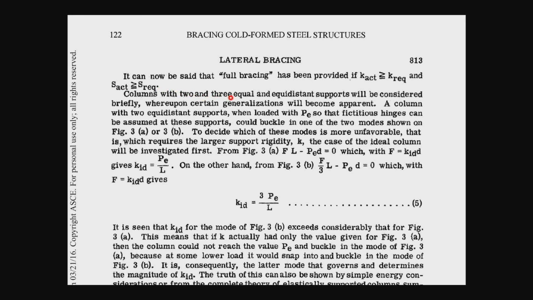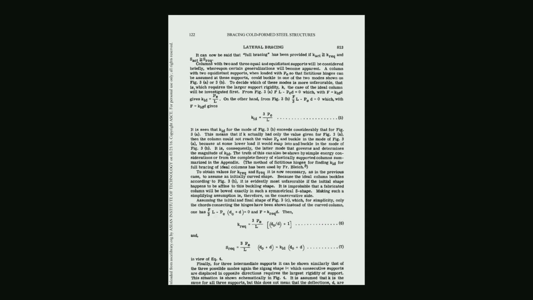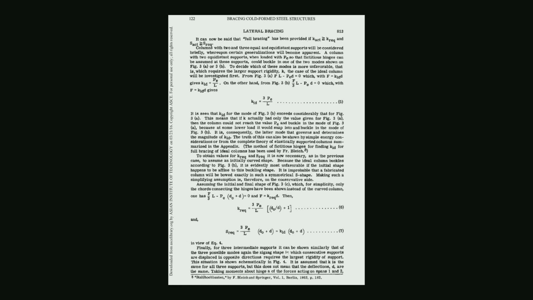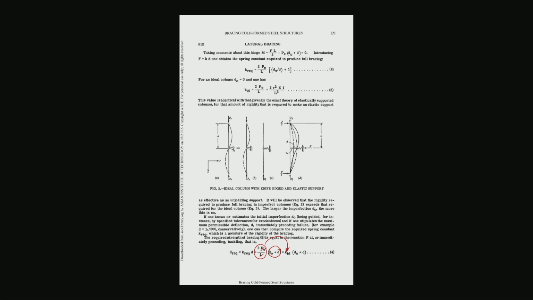Columns with 2 and 3 equal and equidistant supports will be considered briefly. The paper here just develops some other cases further, because you see just only one support.